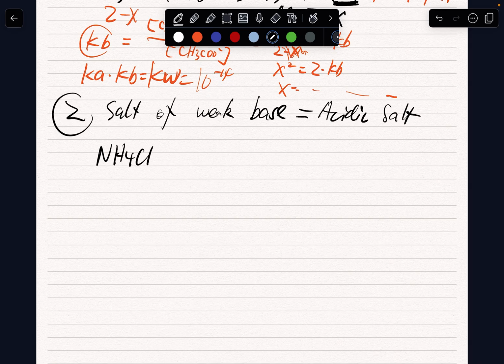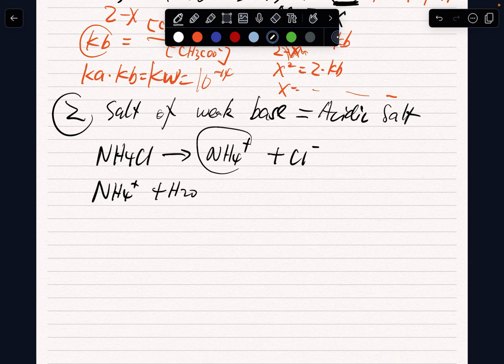That's an acidic salt, because you have NH4 plus and Cl minus, and NH4 plus is contributing the acidity. Because it's contributing the acidity, it would react with water like the usual weak acid would do. It would give up a proton and become NH3, which is neutral now, plus H plus.